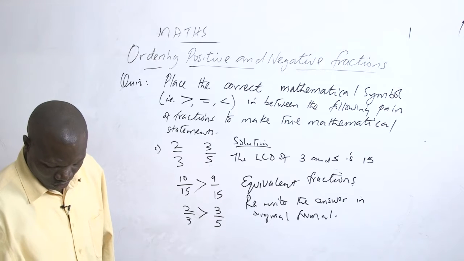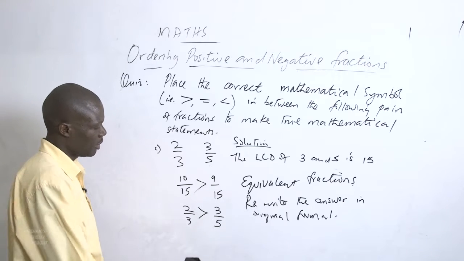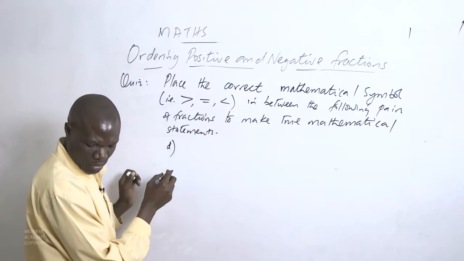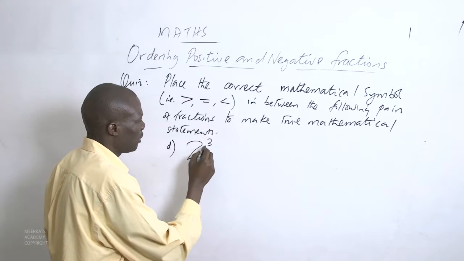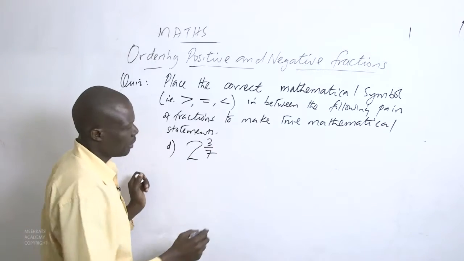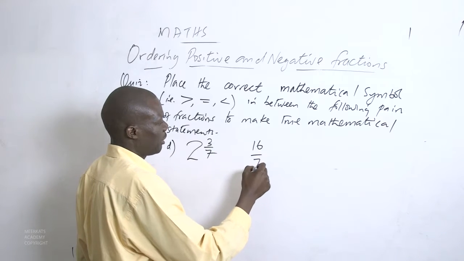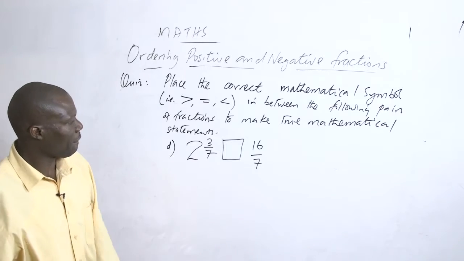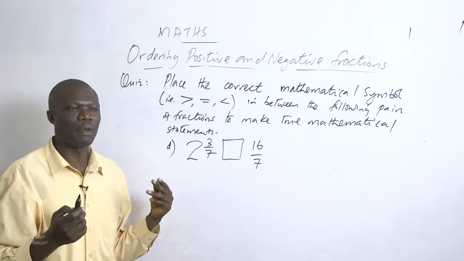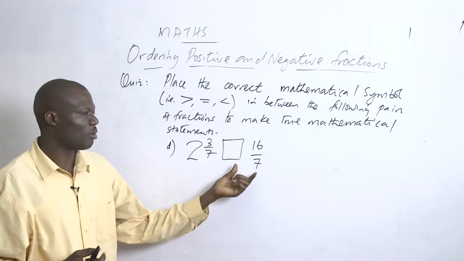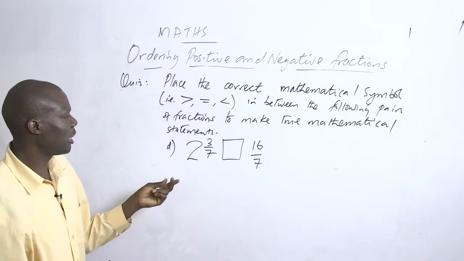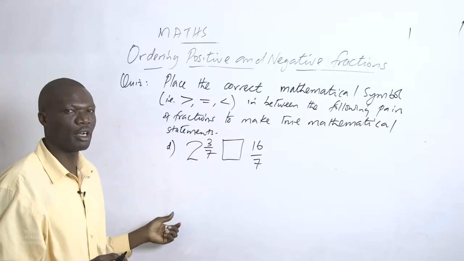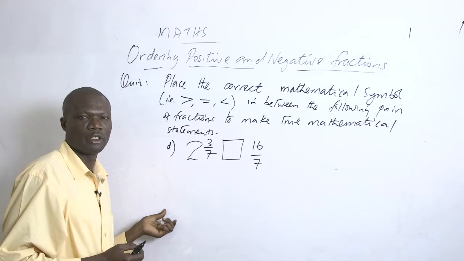The next one required us to do the same, but in a different format. The fourth one was 2 and 3 over 7 compared to 16 over 7. So this is a mixed numeral, while the second part is an improper fraction.